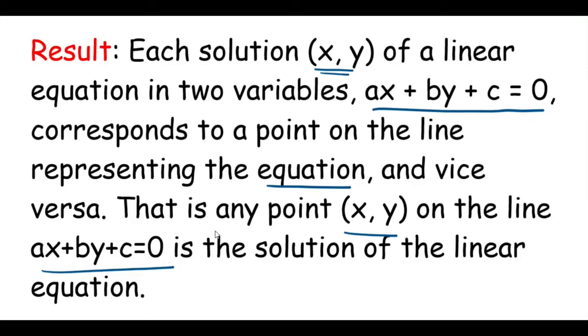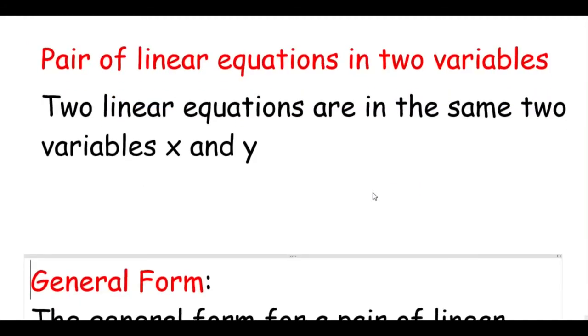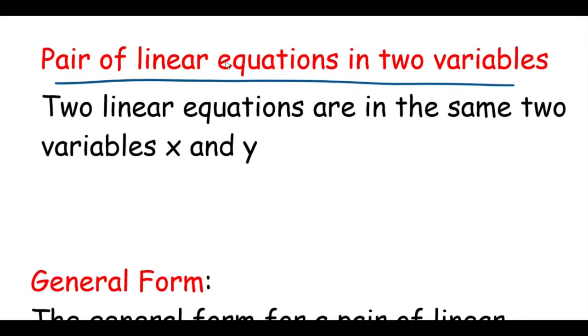That is, if that point (x, y) lies on the line ax + by + c = 0, then that particular point will always be a solution of this equation. Now, what do we mean by a pair of linear equations in two variables?